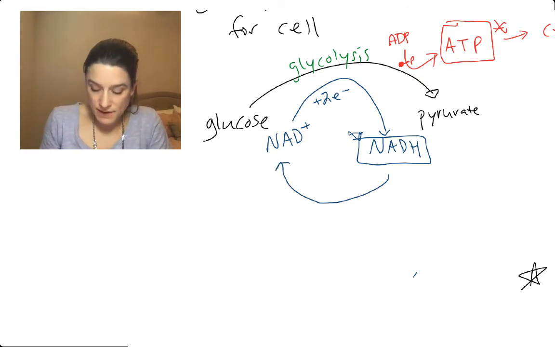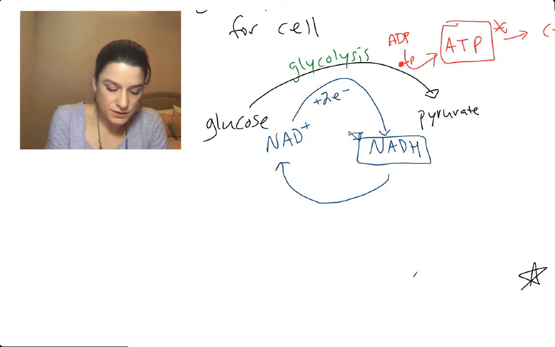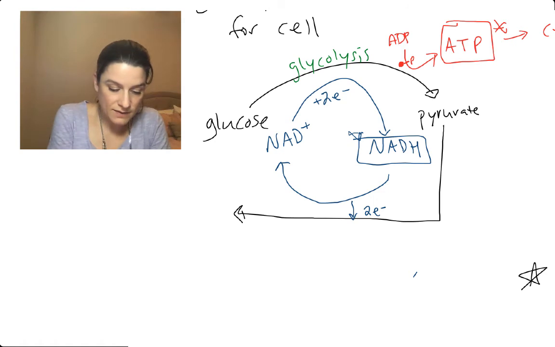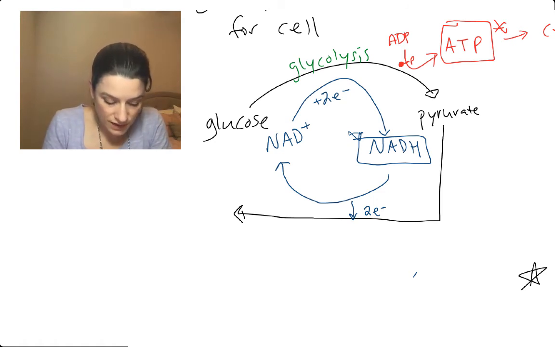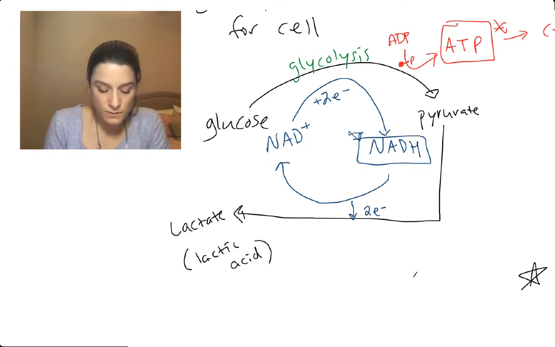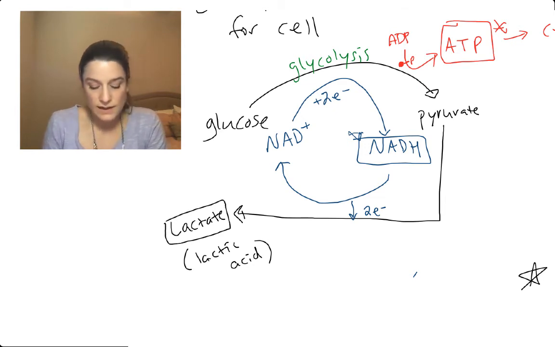And it does that using pyruvate. Like I mentioned, it's very efficient. Those electrons get picked up by pyruvate, and the change in molecule there is going to give you lactate, which is the same thing as lactic acid, just in the acidic form where it drops the hydrogen ions. So that's your product here, your lactate, your lactic acid.